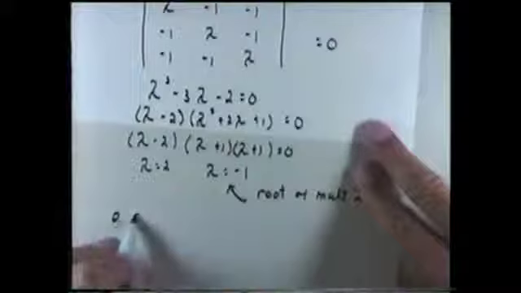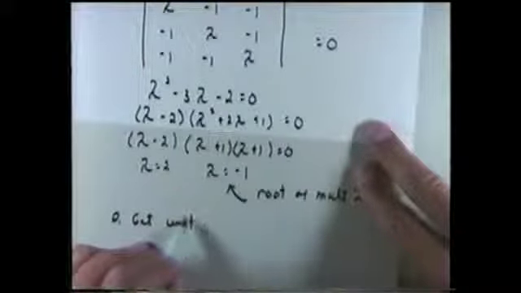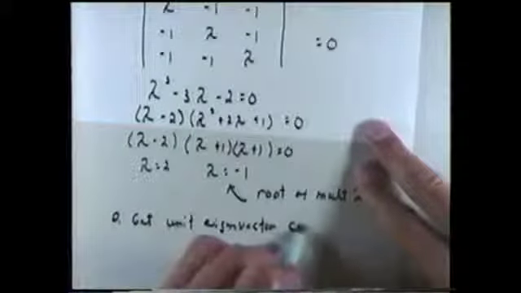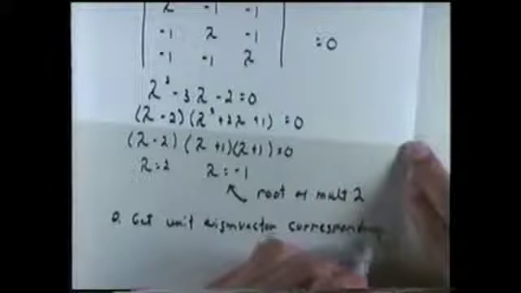Step 2, get a unit eigenvector corresponding to lambda is equal to 2. Now there'll just be 1 because lambda equal 2 was distinct.